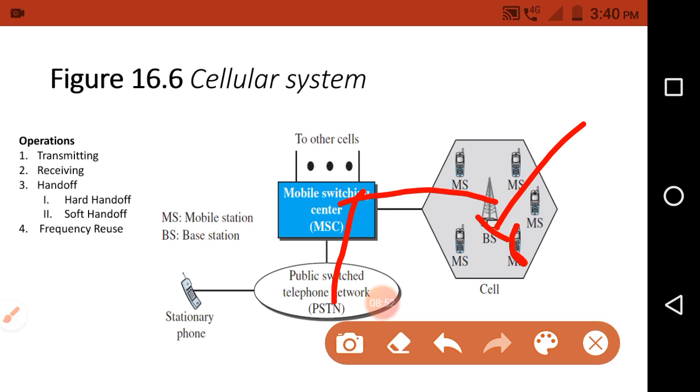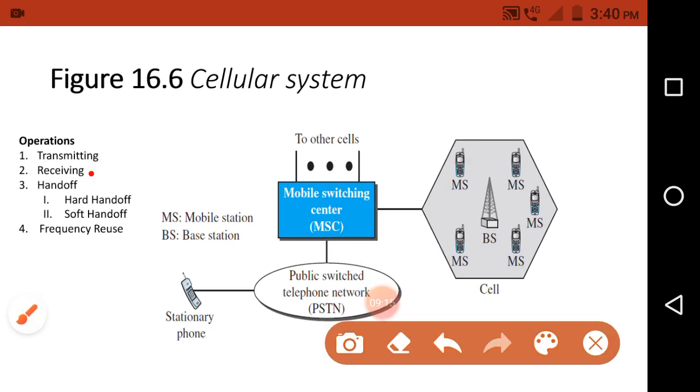Then the network searches for the called person. If that called party is available, it makes the connection and sends the result back to the mobile switching center, which allocates the channel for that communication. Then the connection is established. That is what we call transmitting.